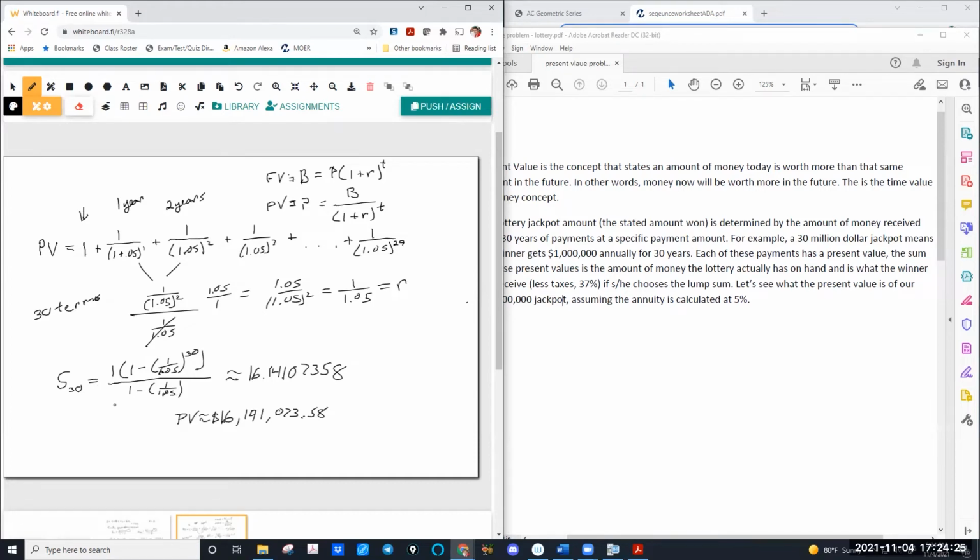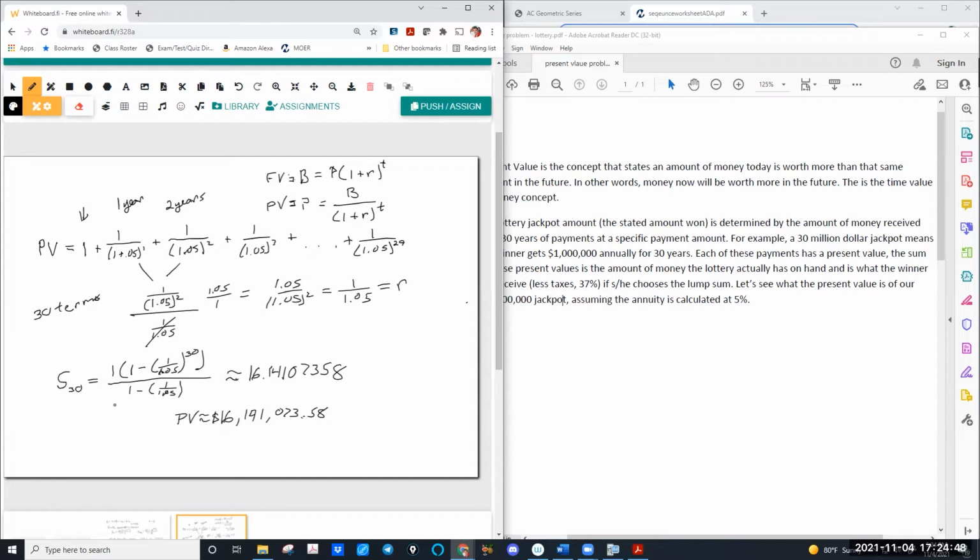So a lot of the financial formulas, and we're going to look at another one here in a couple minutes, are usually already in the solved form. The reason I'm going through that part is I want you to see where the geometric series is within these formulas that get used all the time in financial mathematics.